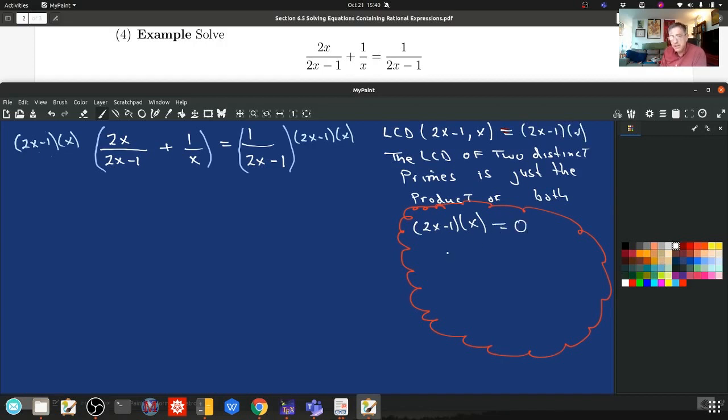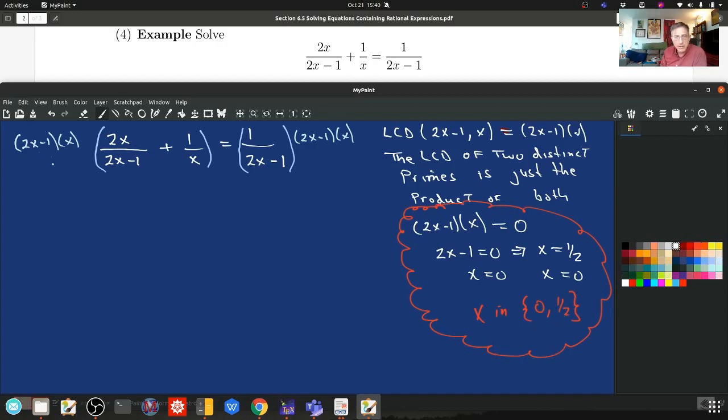This is factored, so you just set each factor equal to 0, and that gives me x is equal to 1/2, and x is equal to 0. So the values excluded are x in the set 0 and 1/2. These are the excluded values.